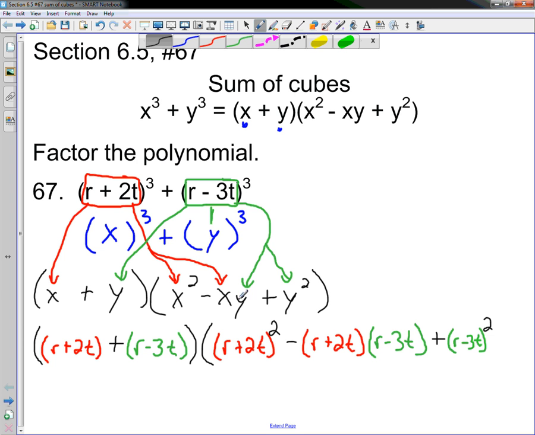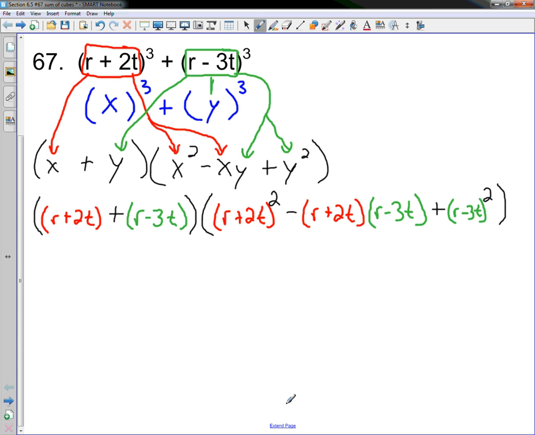Now it's just a matter of multiplying correctly and simplifying our way through. So let's just take our time and write out the steps. The biggest mistake is going to be made in these squares because we're going to just forget what that means. So we'll address that in just a second. In the first one, there's a 1 in front of my first parenthesis, so that's not really going to do anything.